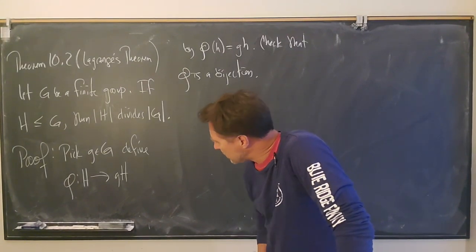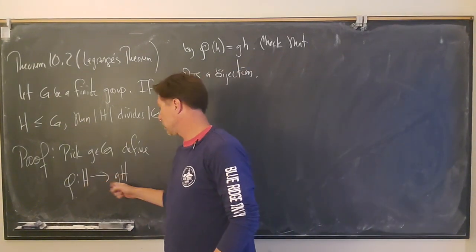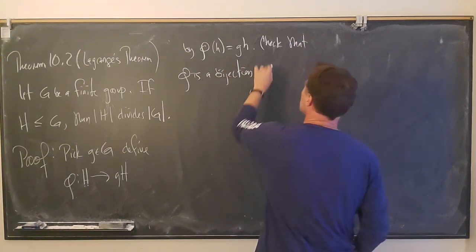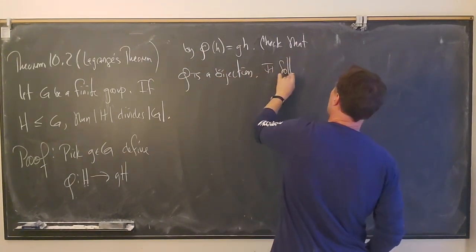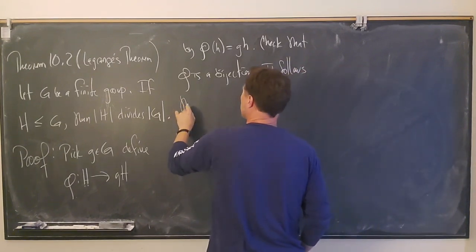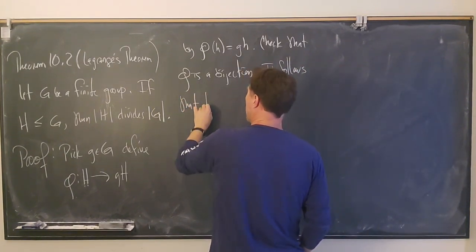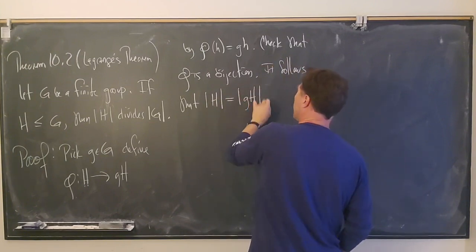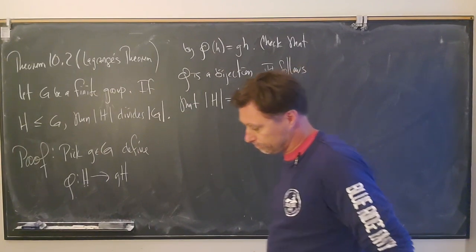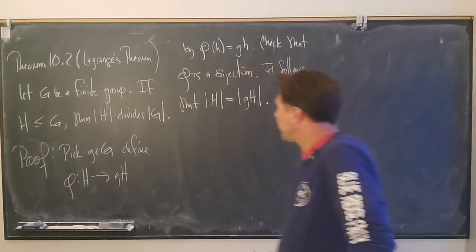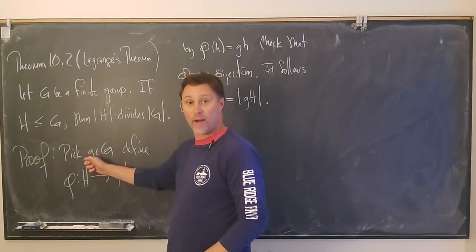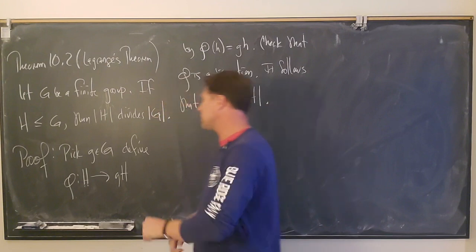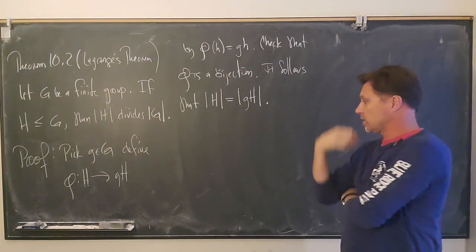So what does that tell us then? It tells us that these two sets have the same size, the same cardinality. So it follows that the order of H is equal to the cardinality of the coset gH. How do we interpret that? Well, we chose this little g at random and showed that the left coset has the same cardinality as H does.